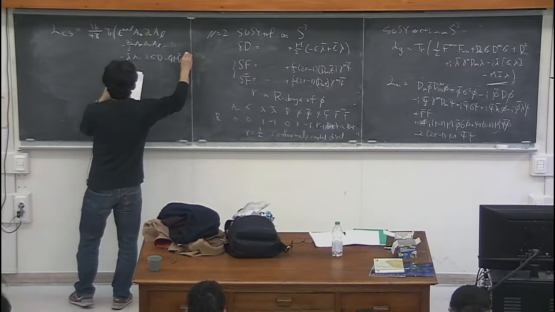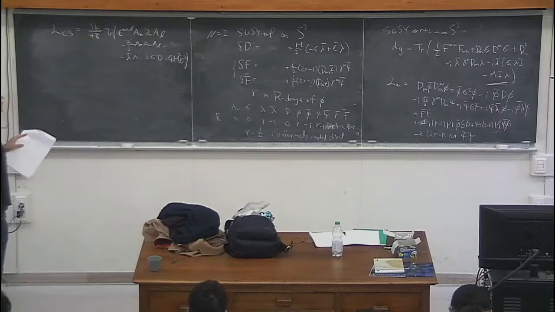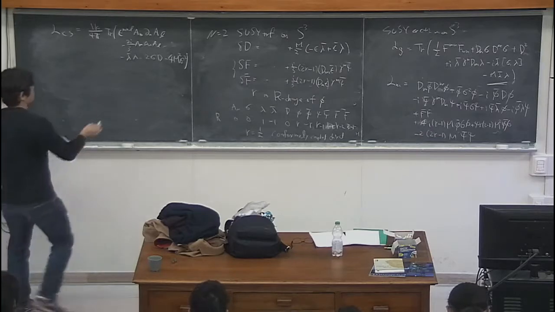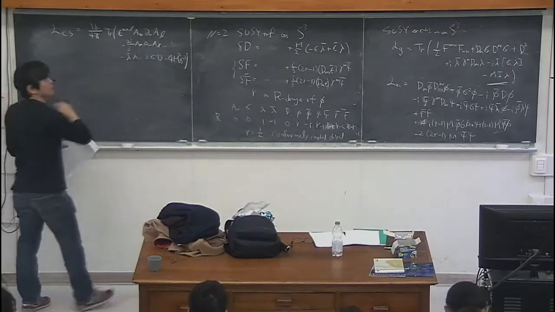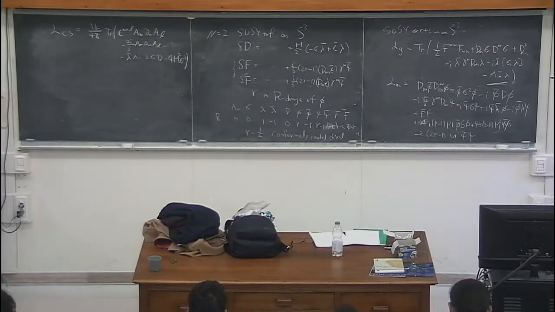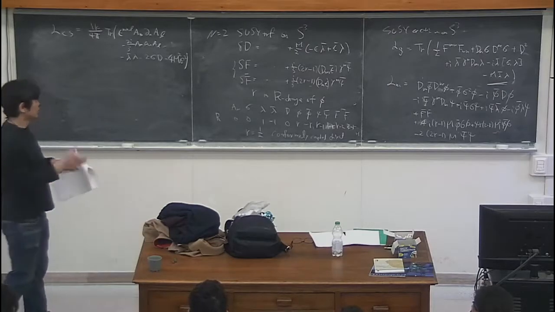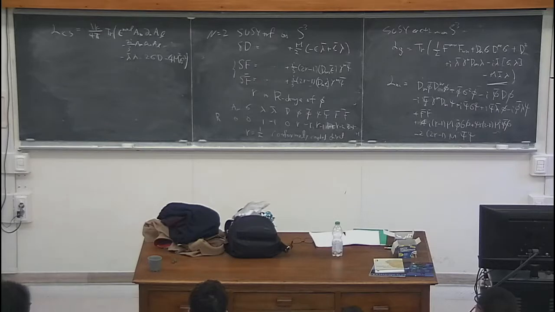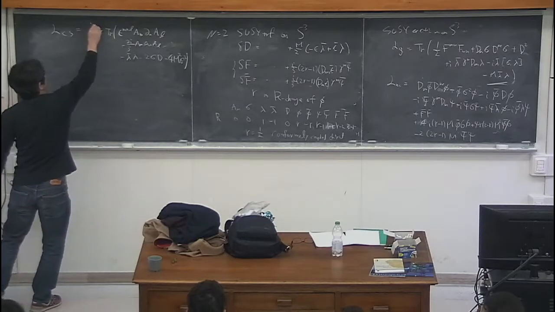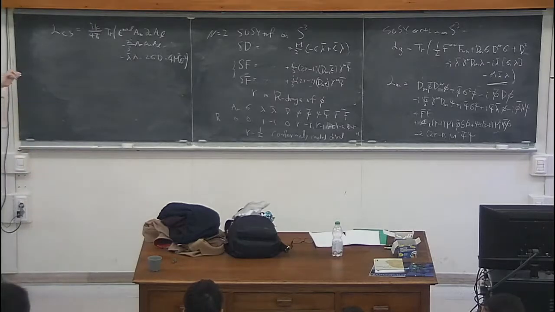You can check this is invariant under the supersymmetry transformation and also invariant under the gauge transformation. This is the usual Chern-Simons term, AdA plus a cubic term. It is invariant because of something related to topology. K is called the level of the Chern-Simons theory, and it should be quantized. I mean, it should be an integer.